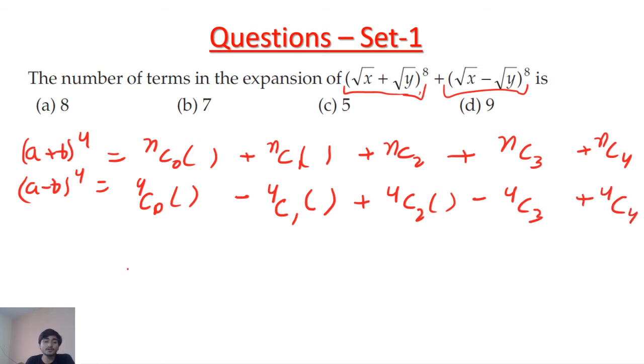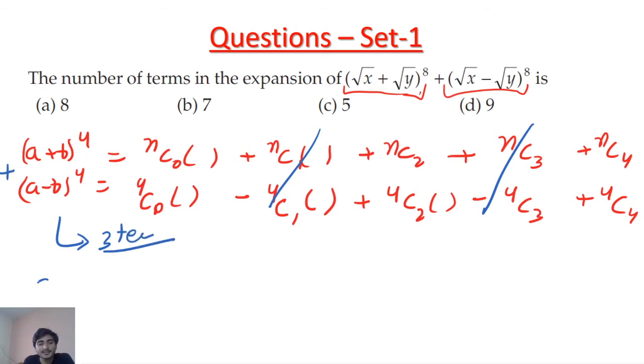Is it clear or not? Now if you observe, this term and this term will get cancelled, right? Whenever you have this, how many terms are left? If I am adding this plus this, how many terms are there? There are 3 terms left.